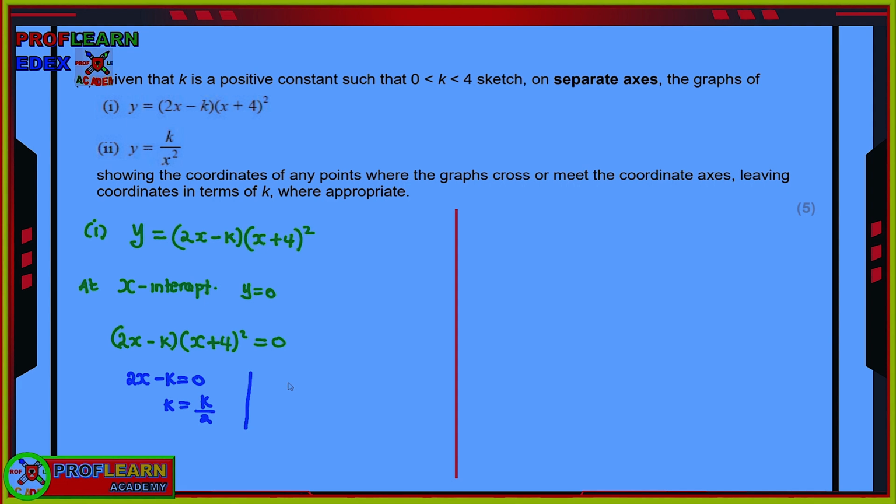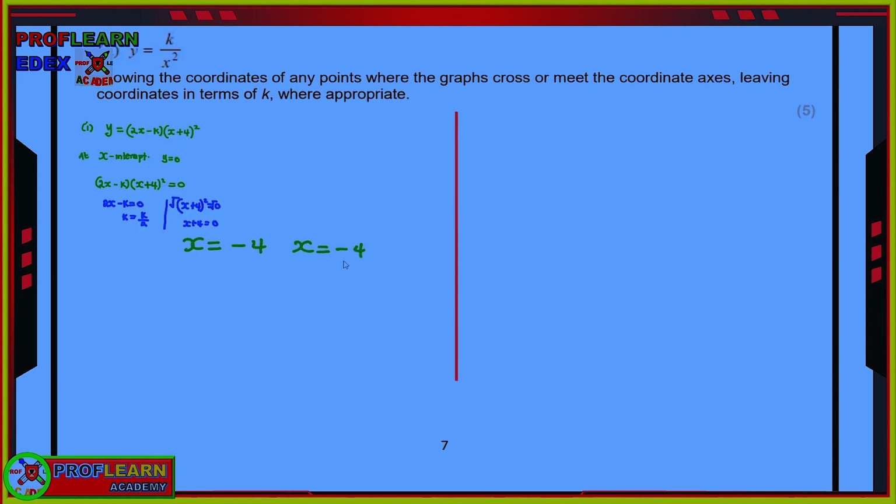Taking k to the other side, we shall have x = k/2. The second value of x is x = -4, where we have repeated roots. So the two values of x are x = -4 and x = k/2.